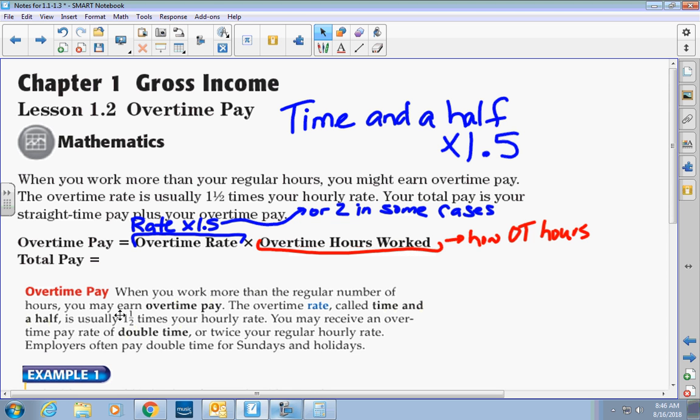Show me with your hands. It's 2, so that would be 2 hours of overtime at the overtime rate. Then for total pay, it's your straight time pay plus your overtime pay. We're going to do this calculation a bajillion times tomorrow when we do our stations.